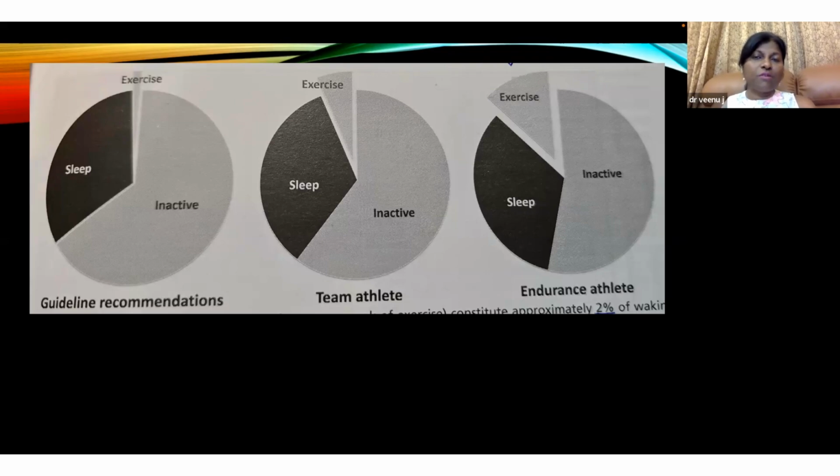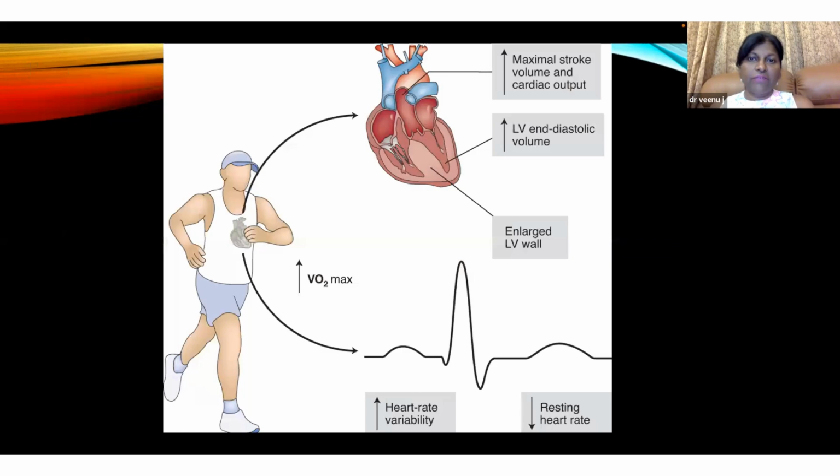So that accounts for only 2% of the entire time. But an endurance athlete or a team athlete may actually go much beyond this, like even up to 10 or 20% of the time being spent with exercise. So that way we need to keep a watch on that.